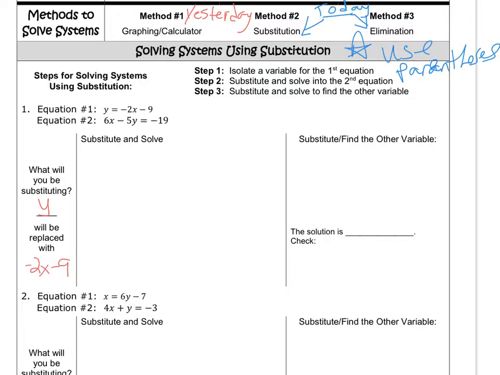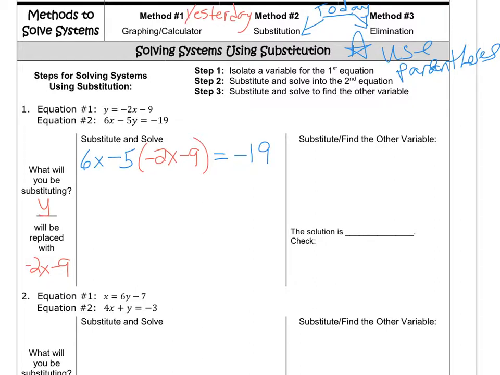That's what we're going to use as our substitution, and we're going to do that in equation 2. So we're going to say 6x minus 5(negative 2x minus 9) equals negative 19.